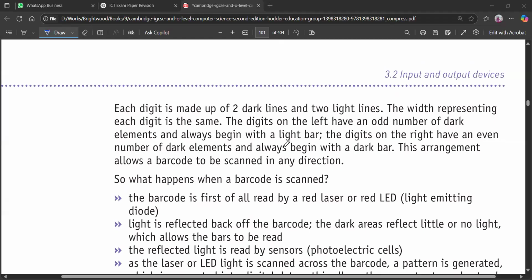The digits on the left have an odd number of dark elements, and they always begin with a light bar. The digits on the right have an even number of dark elements, and they always begin with a dark bar.